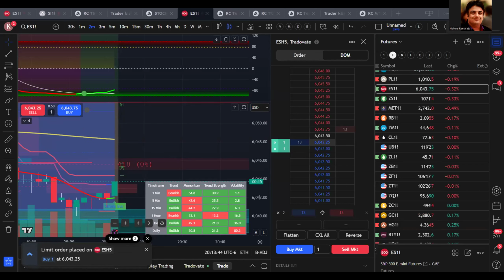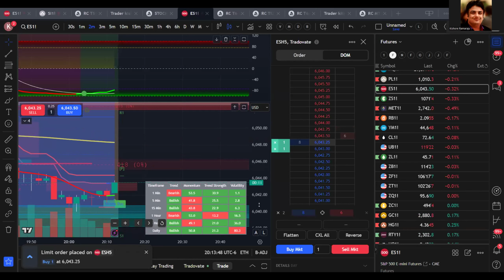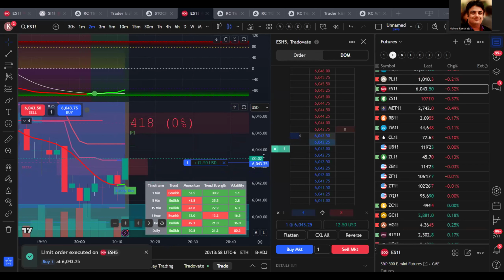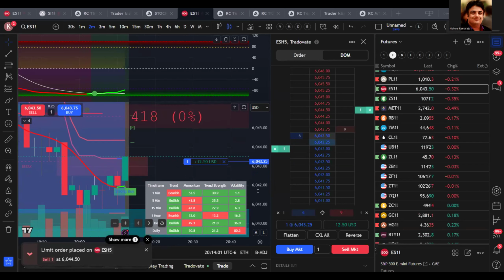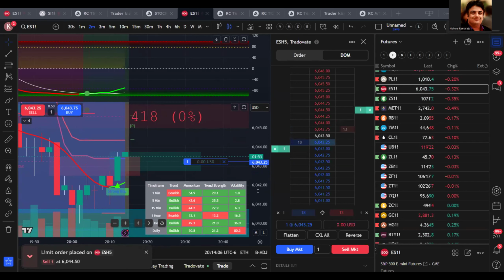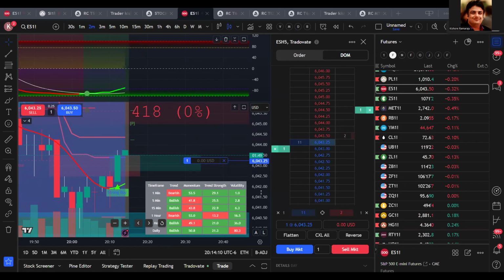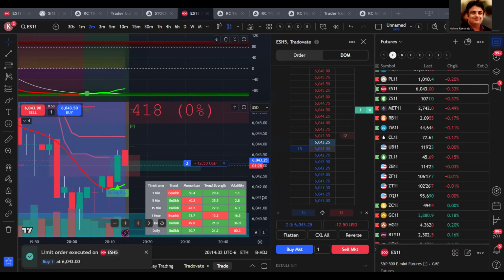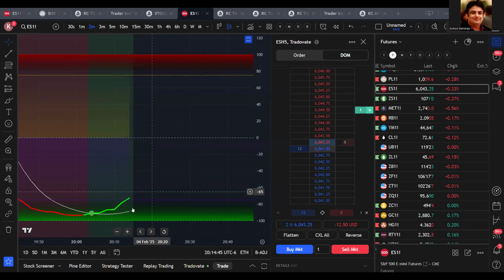I'm taking a long on ES. I took a long on ES because we can see that magic pattern forming.